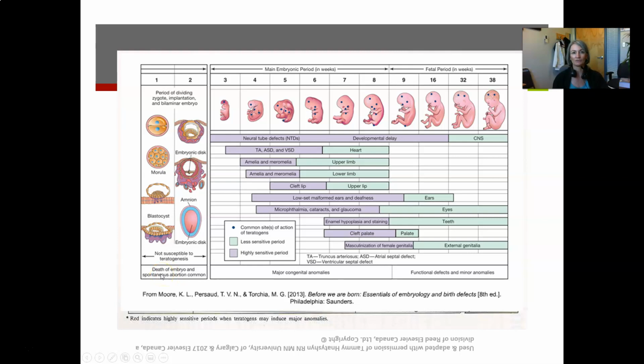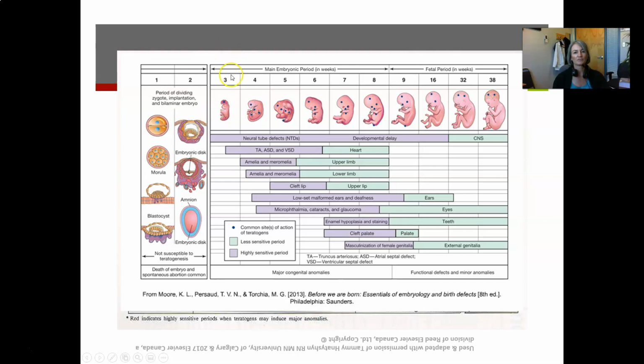So it might be they're a few days late and then all of a sudden their period starts, or maybe they get one of those really, really early tests and find out they're pregnant, and then all of a sudden they start to have a menstruation cycle. So this is usually because genetically it just was not viable, right?